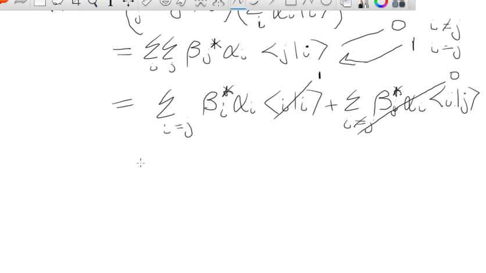So what that means now is we can write it as equal to the summation over i of beta i star alpha i. So that's the inner product. This is what we've just worked out, the inner product between these two kets, these two quantum states.